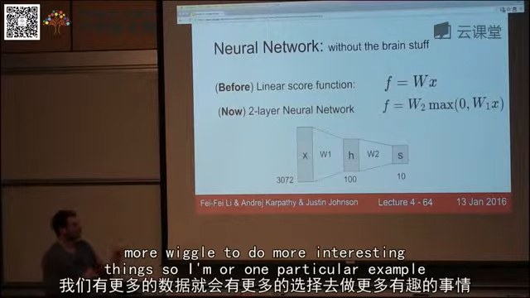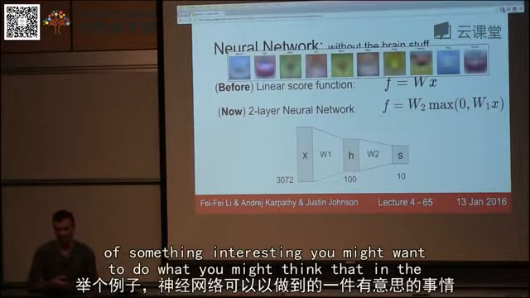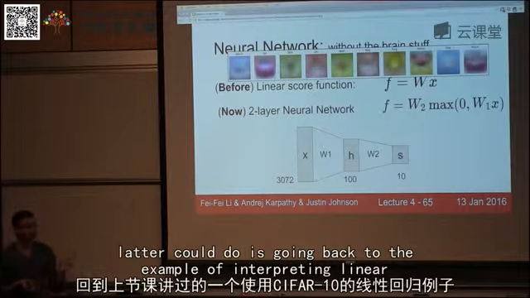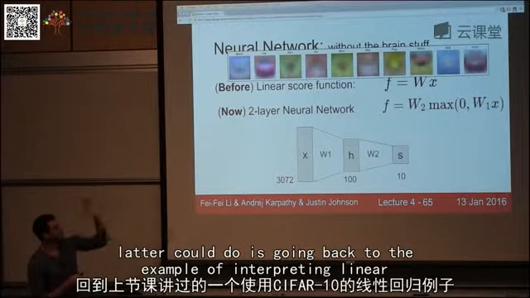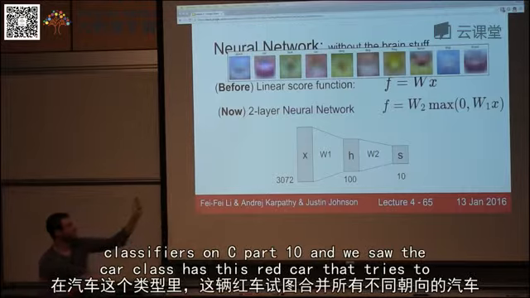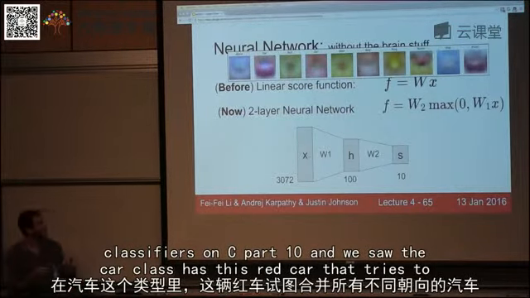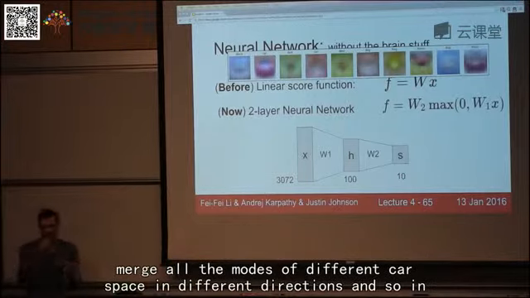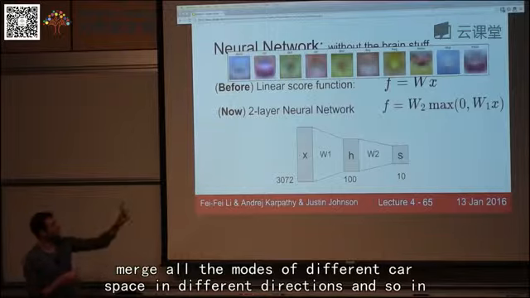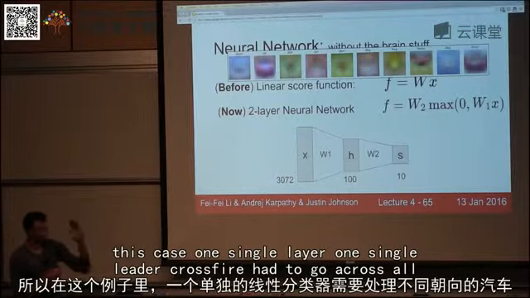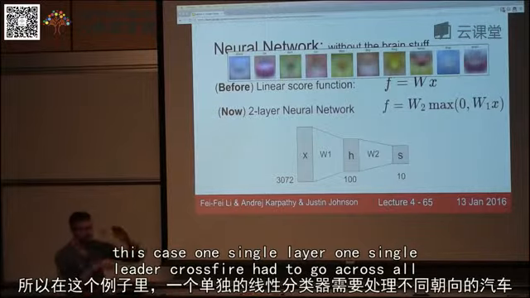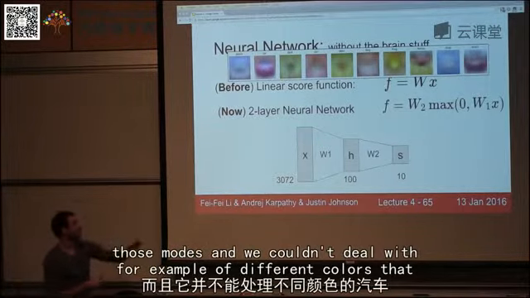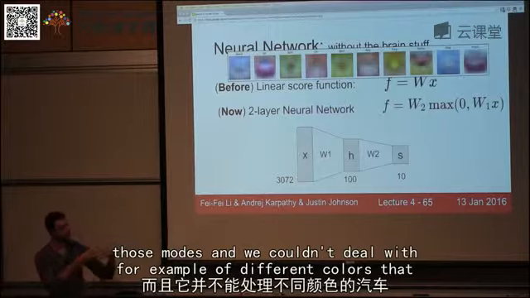So one particular example of something interesting you might think that a neural network could do is going back to this example of interpreting linear classifiers on CIFAR-10, where we saw that the car class has this red car that tries to merge all the modes of different cars facing different directions. So in this case, one single linear classifier had to go across all those modes, and we couldn't deal with, for example, cars of different colors.